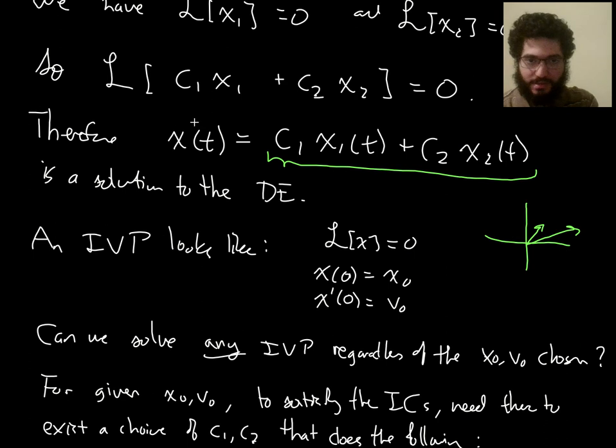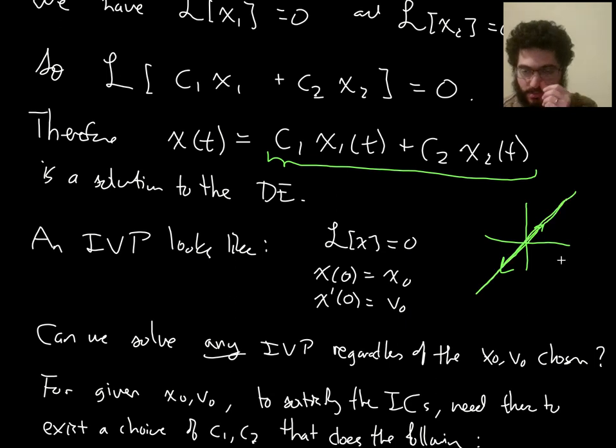So the general solution, which is like the span of some vectors, ends up being a two-dimensional solution space. However, if they line up, like if one vector is a scalar multiple of the other, or if they're otherwise not linearly independent, so that maybe you have three vectors and there's some other dependency, like they're sitting in the same plane or something like that, then, even though it looks like you have these two things you can independently control, you're still only manipulating a one-dimensional space of solutions. So, in this little doodle, the span of these two vectors would just be the line through the origin that they sit on.